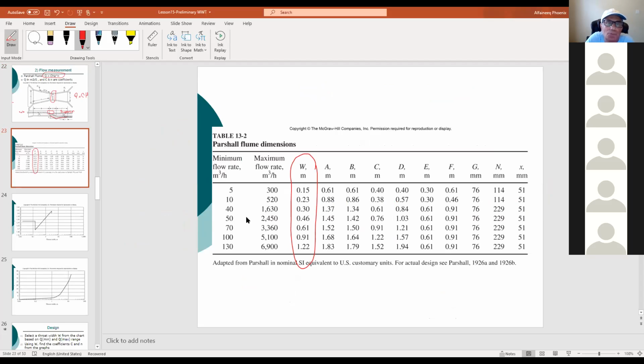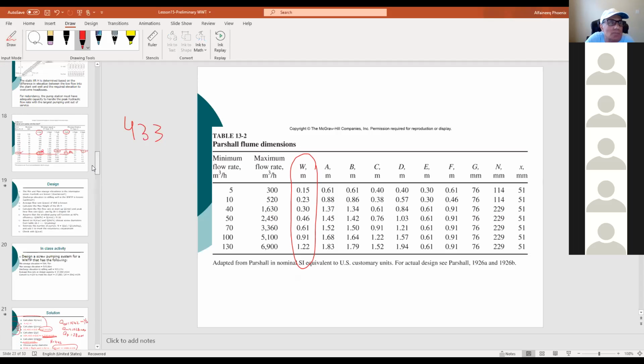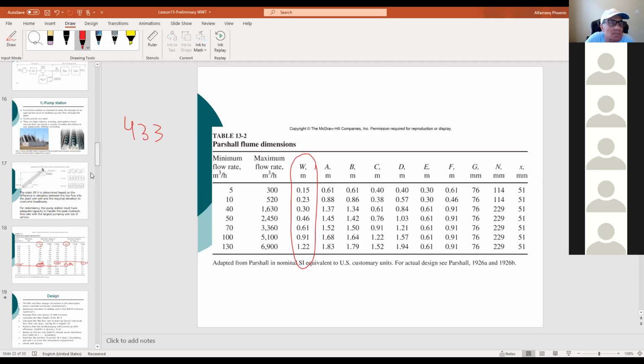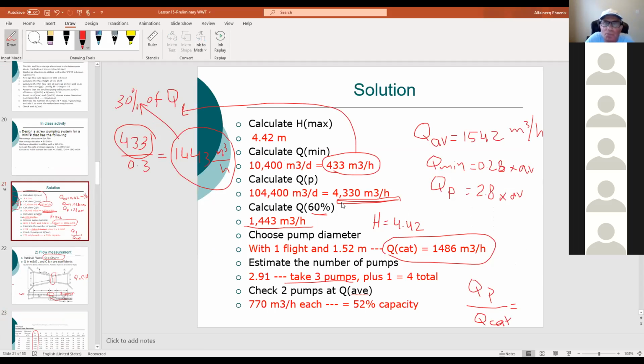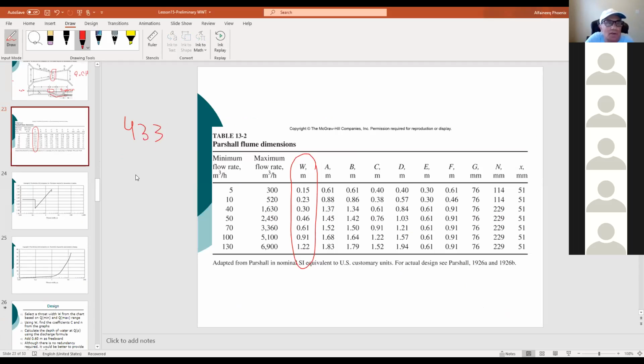Meter cube per hour. Remember what was our minimum? I think 433. And what was our maximum? 4330, right? Yeah. All right. This is a range. You need to fit that range between these numbers. Can you fit it here?